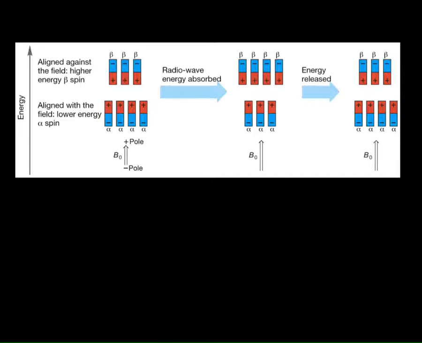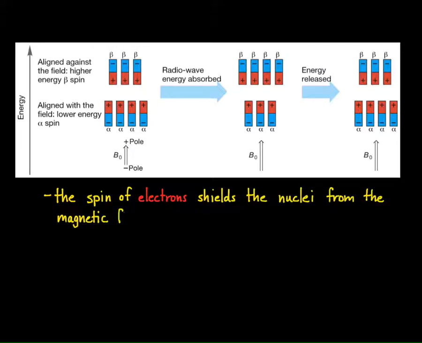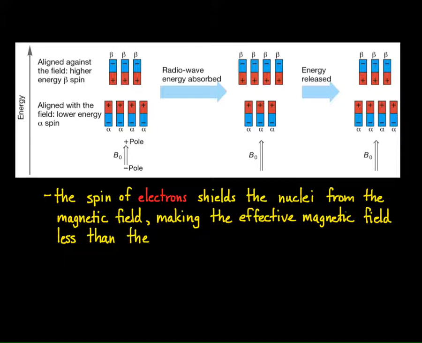Now, one of the things that we have to recognize is that electrons also have spin, and they shield the nuclei from the magnetic field, making what we call the effective magnetic field less than the applied magnetic field.